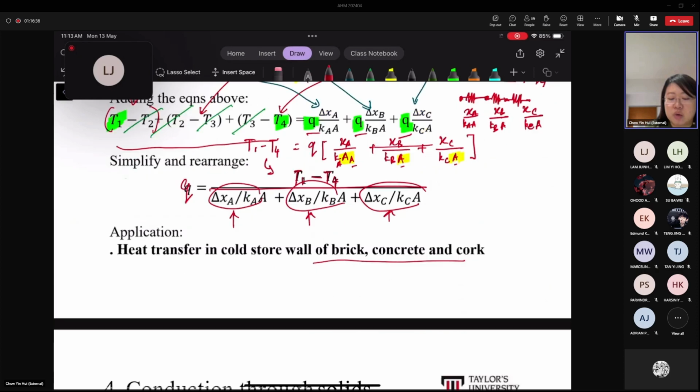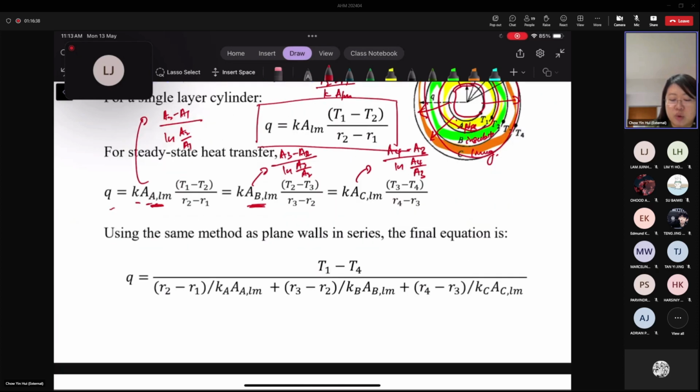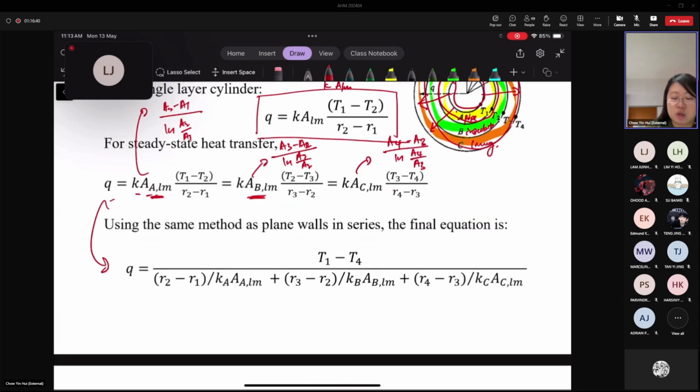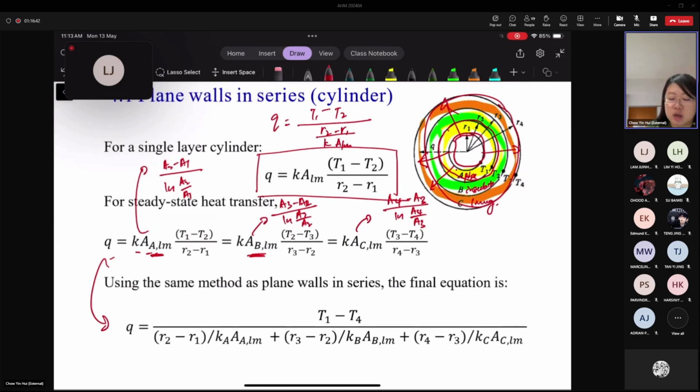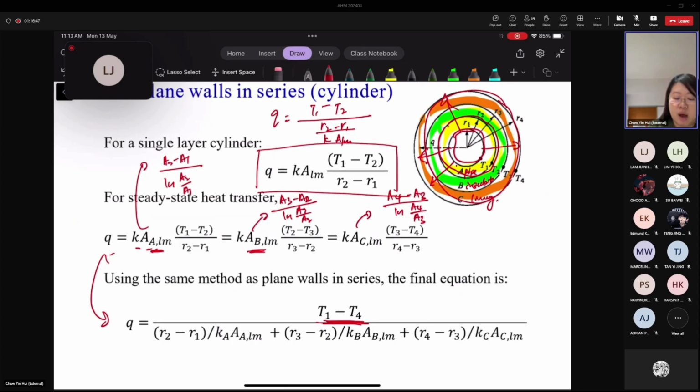Then we obtain this equation, the same as what you saw just now: the overall temperature difference, T1 minus T4, divided by the sum of the individual resistances. This is the resistance for heat conduction radially through the pipe wall, this one is through the insulation layer, and this one is through the cover, the lining or cladding. That's the final equation.